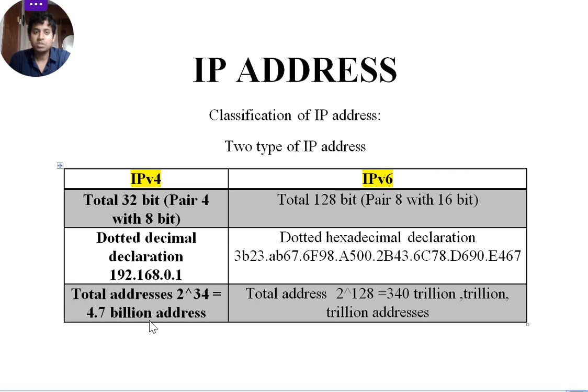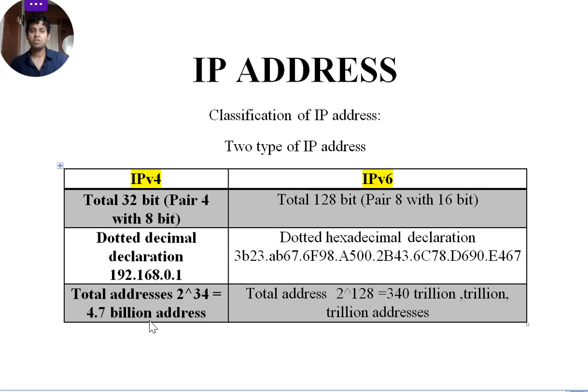How is it possible with such massive internet usage? Because 4.7 billion addresses is not a huge number, when on the other hand we have more than 4.7 billion current internet users, about 5.4 billion or something like that.